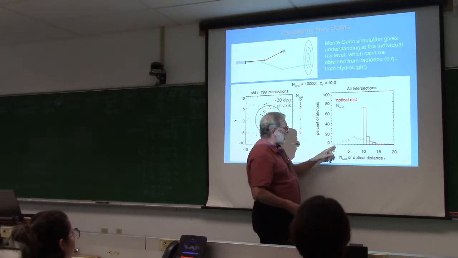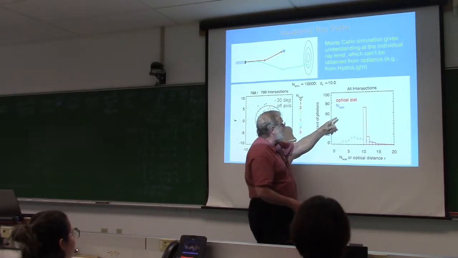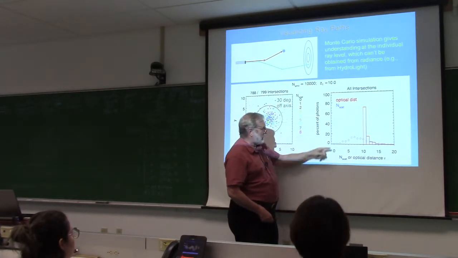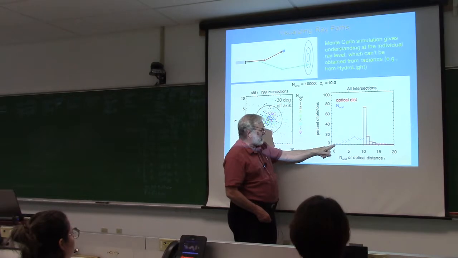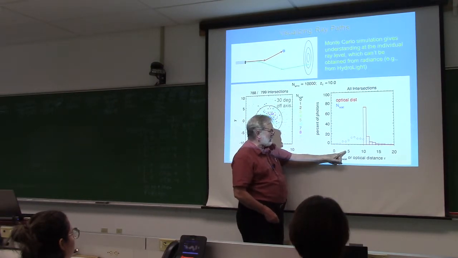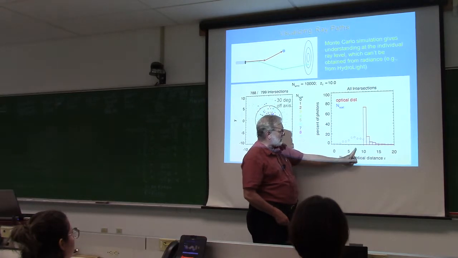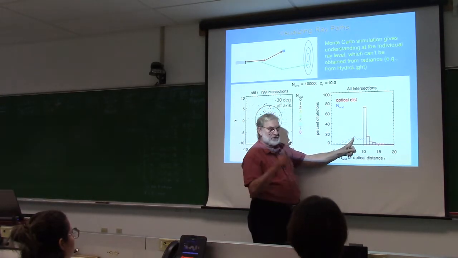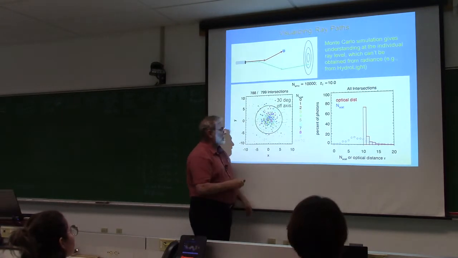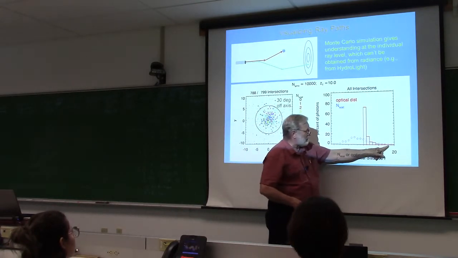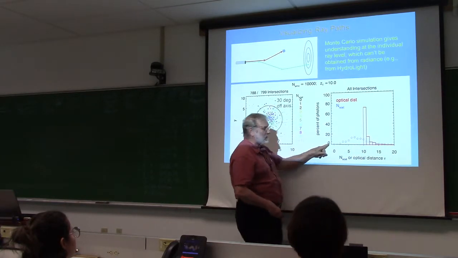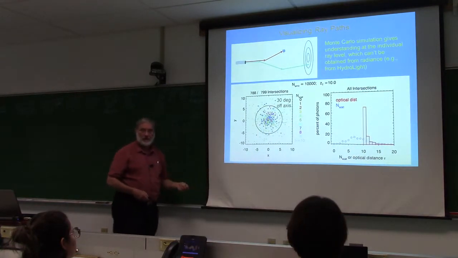Here I also plotted the number of scatterings it took to get from the source to the receiver, and basically none of them made it in just one or two, and then sort of 4 or 5. Most of them took about 6 or 7 scatterings to get from here over to here, and then a few of them might have taken 18 or 20. So this kind of info you can get from Monte Carlo simulations.